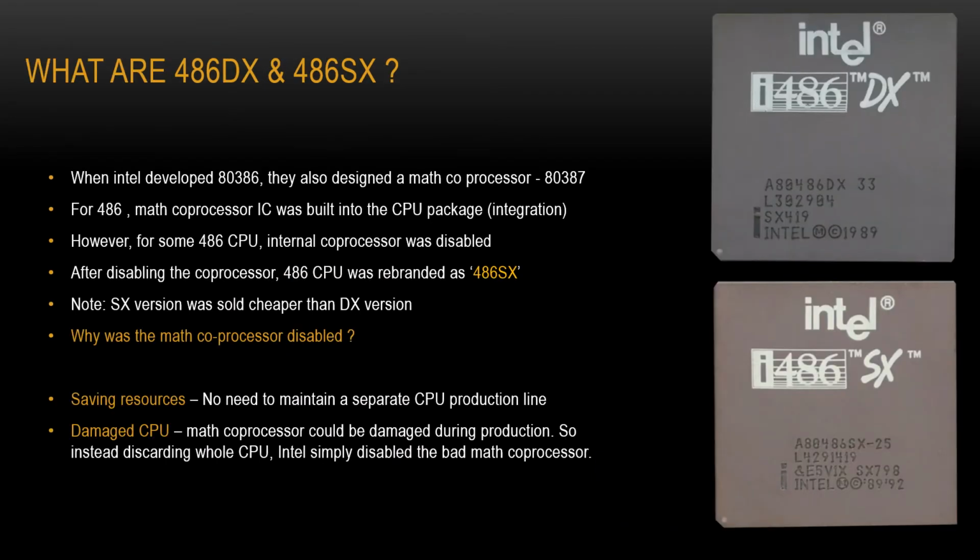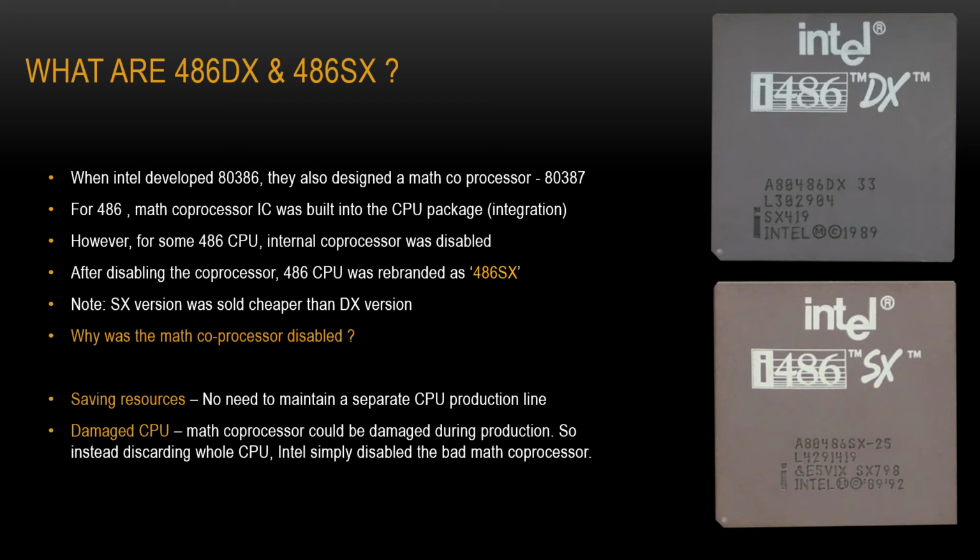What are 486DX and 486SX CPU? Previously, we noted when Intel developed 80386, they also designed a math coprocessor which was 80387 or 387. Please note, 386 and 387 were two separate IC packages on a computer motherboard.